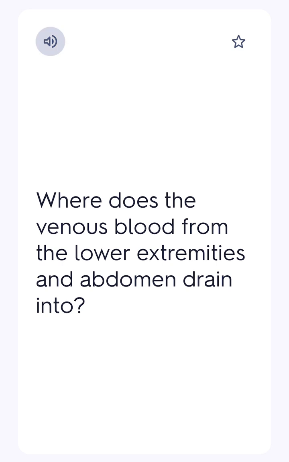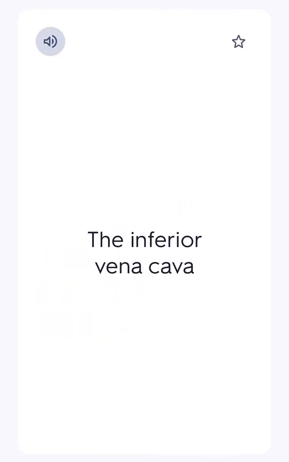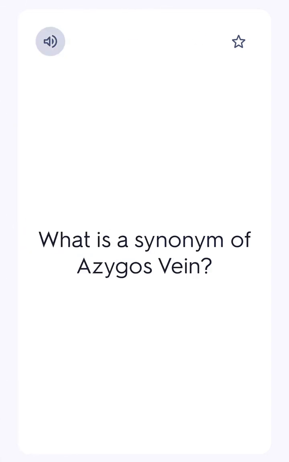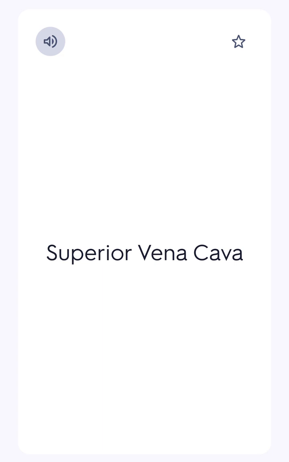Where does the venous blood from the lower extremities and abdomen drain into? The inferior vena cava. What is a synonym of azygos vein? Superior vena cava.